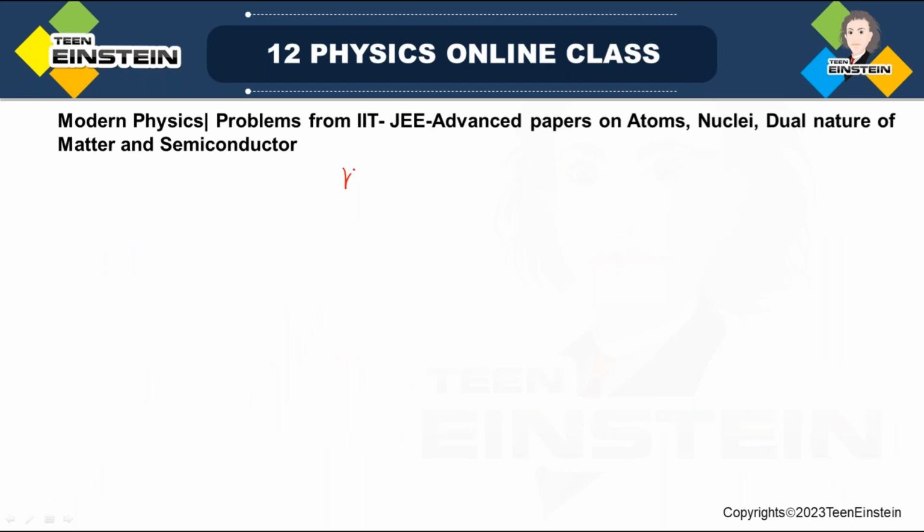For linear momentum, we know kinetic energy is equal to p squared by 2m. Now let us take the change in the kinetic energy. So 2p dp by 2m, which goes to p dp by m.